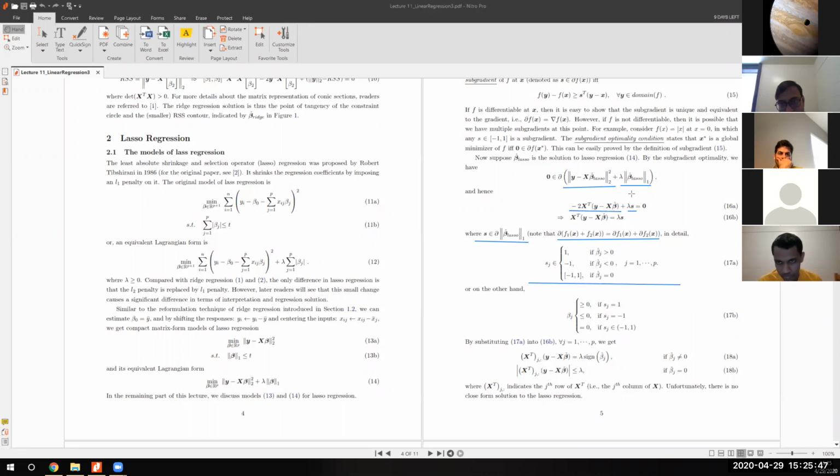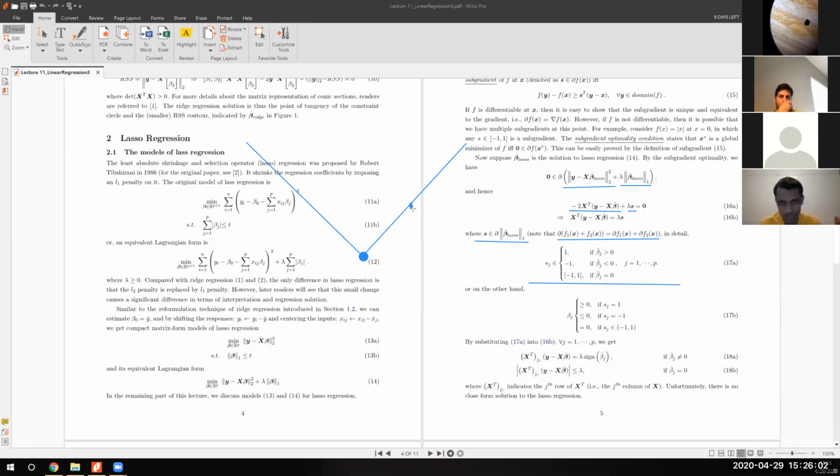So if your beta j is greater than 0, then my sj is 1. Why? Because of this. This is your 0 point here. If your beta j is, for example, here, then of course the subgradient equals 1, right? So your S equals 1. If your beta j is less than 0, your subgradient equals -1.